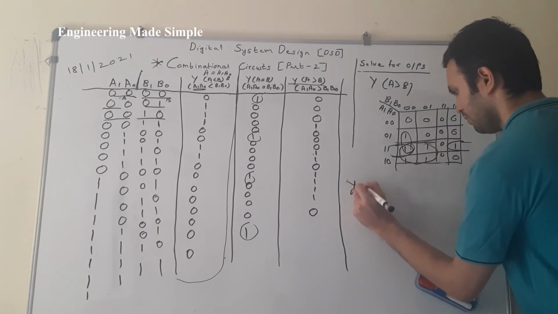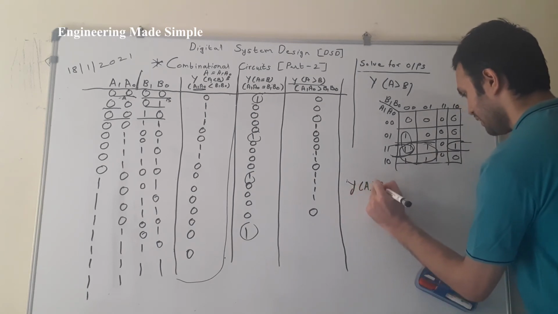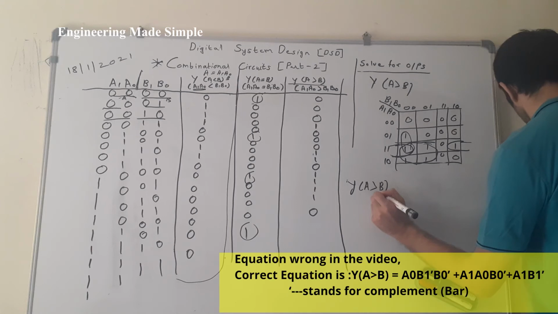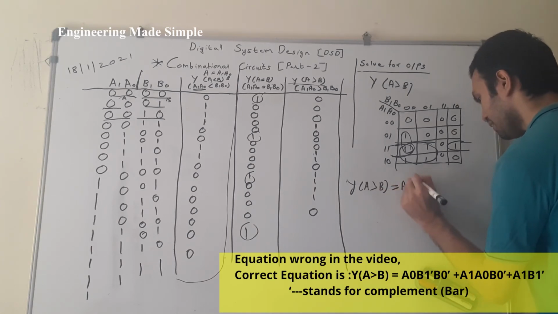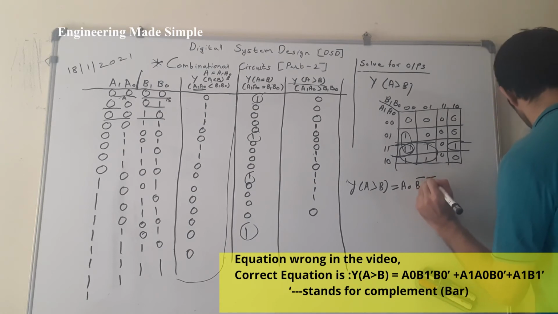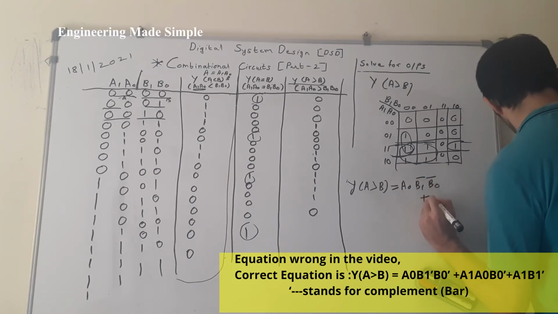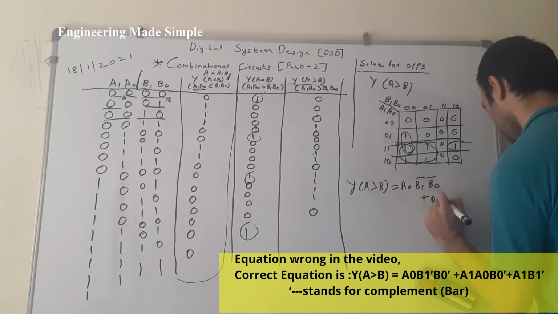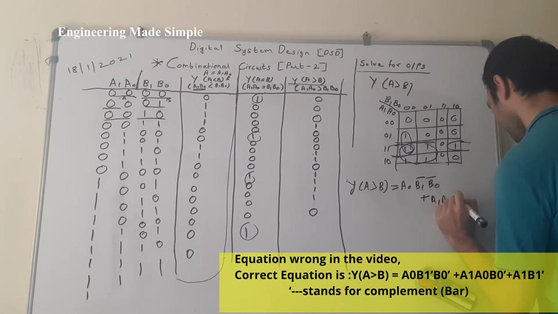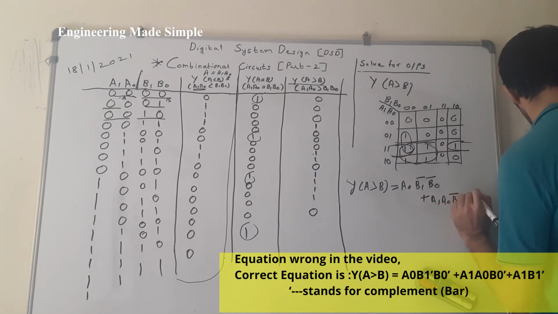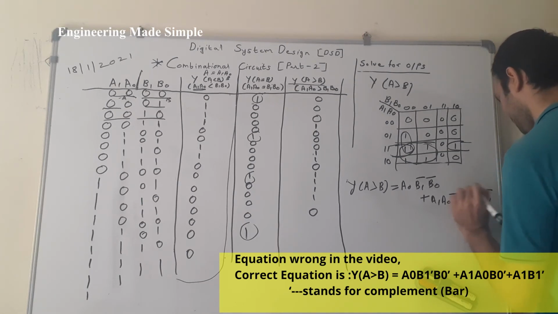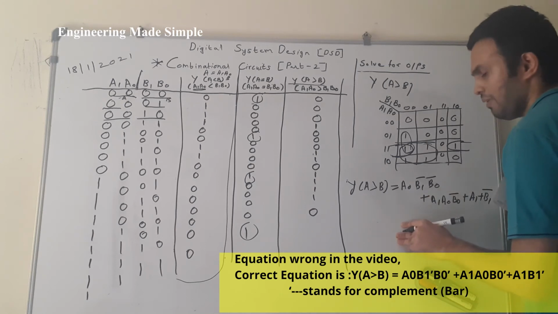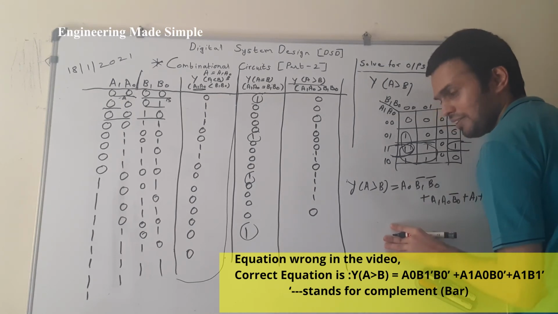So for Y is A greater than B, the output equation will be A0 B1 bar B0 bar plus A1 A0 B0 bar plus A1 B1 bar. So by solving this K-map, we got 3 system equations.